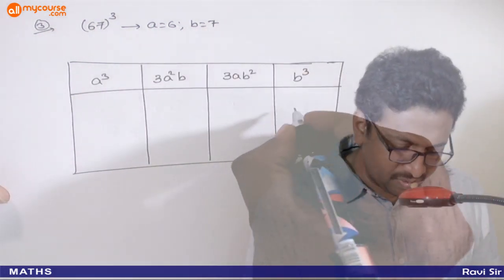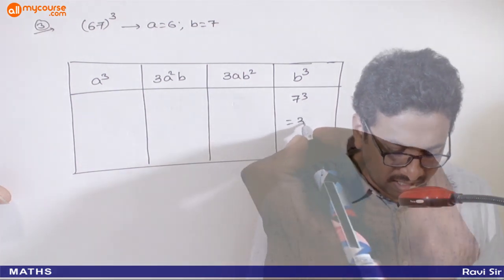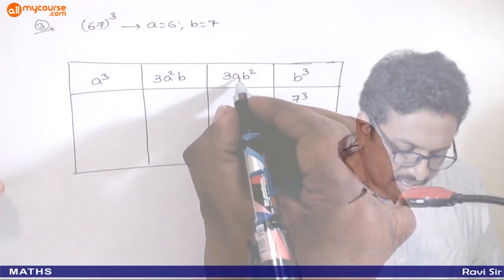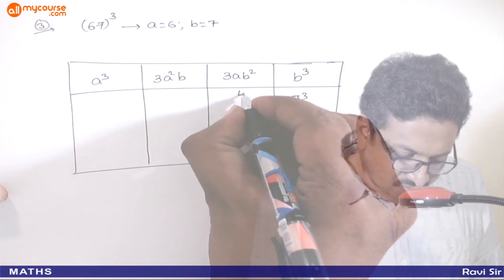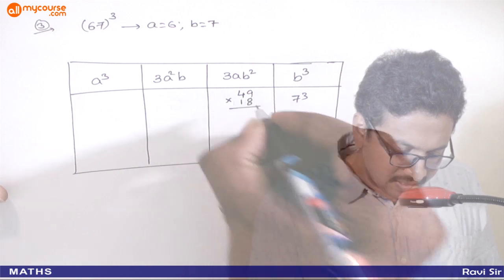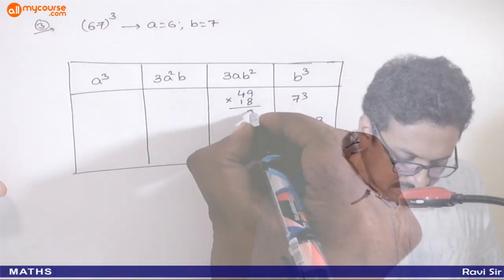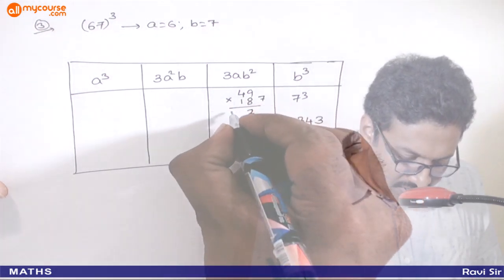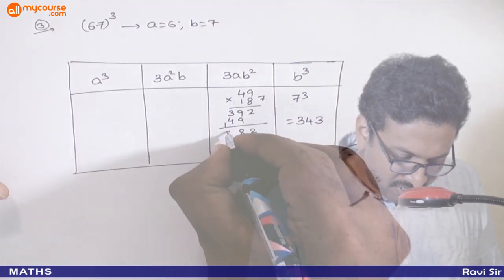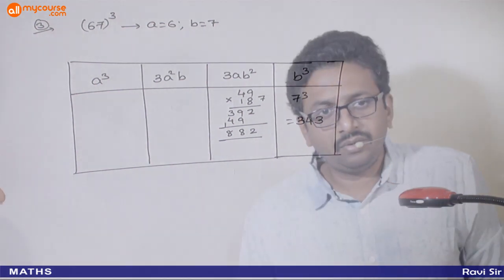So 7 cube is directly 343. For 3ab square, b square is 49 and 3a is 18, so 49 into 18 is 882.